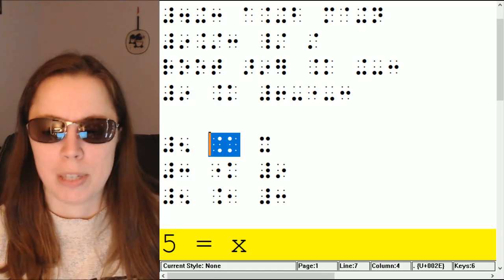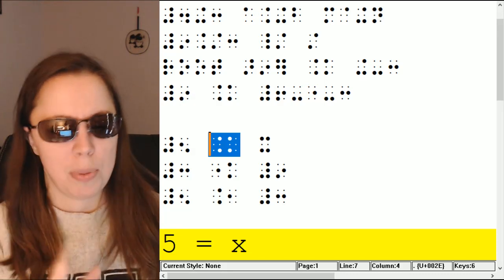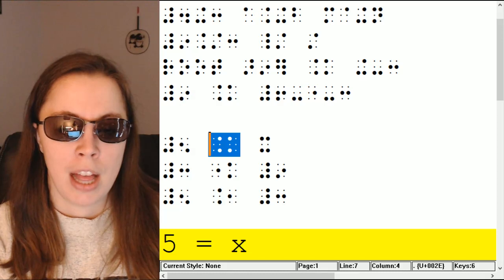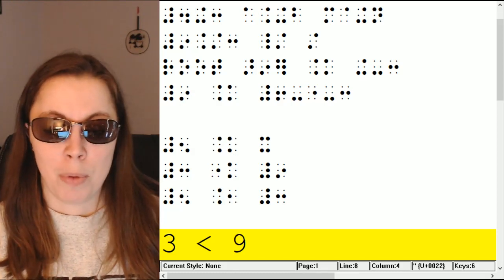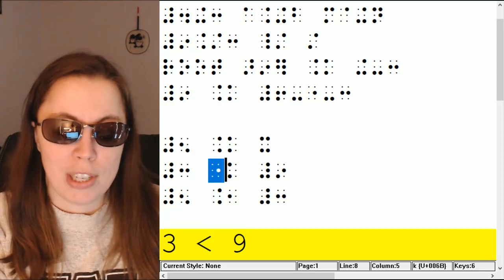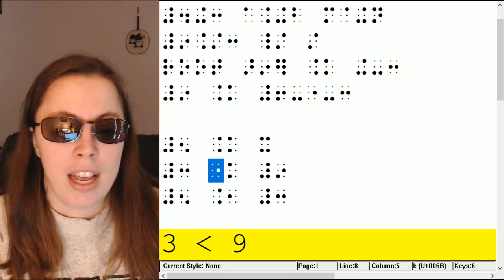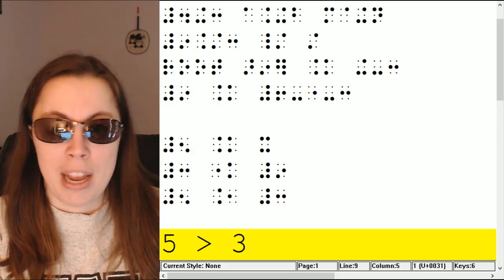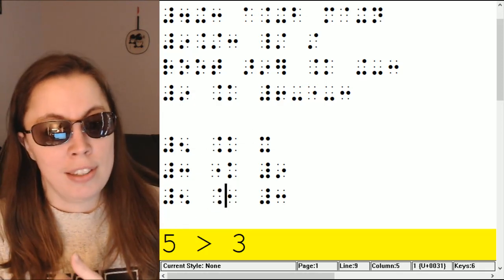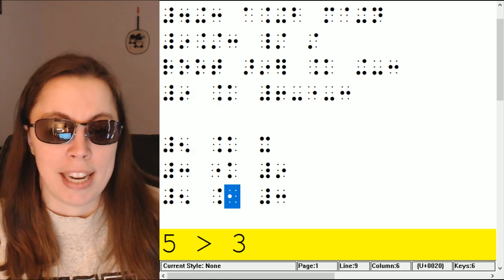The more rare ones might have longer prefixes and suffixes, but this is kind of our base shape for comparing two things that are equal. Then if we do less than, we'll make the side that's smaller, literally smaller. It'll be just a .5 if it's less than. If it's greater than, we'll make the first side bigger and leave the side that's smaller, smaller again, and so that time it'll be a .2.